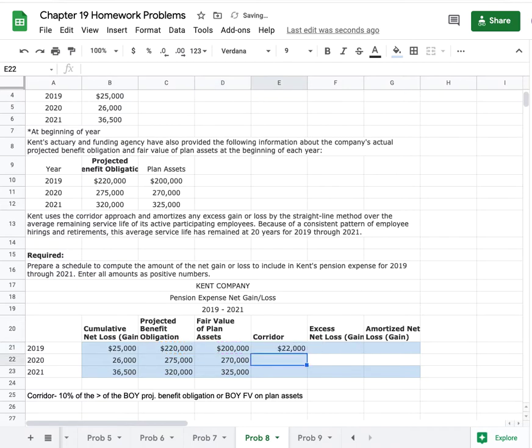Close parentheses, enter, and we can see that it chose to multiply the projected benefit obligation by the 10% to give us $22,000, and that was correct. So we can drag this down.